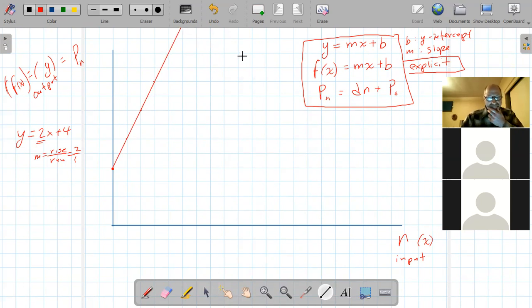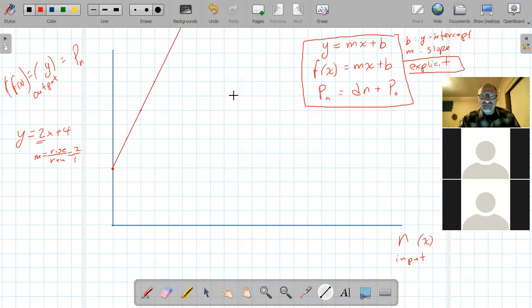Okay, and that would be a linear function, a graph of a linear function, and it forms a straight line. Now, in real life, there are relationships between usually years and money, or years and how many houses there are in a place.